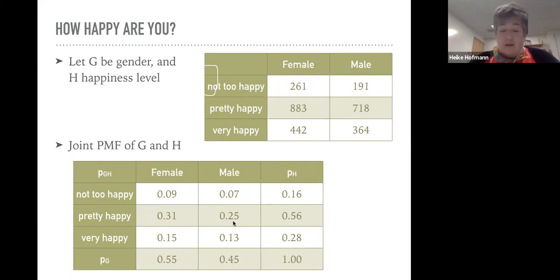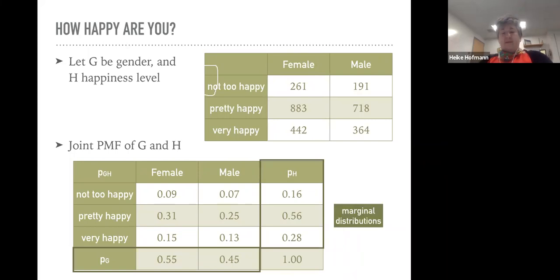So we've got a couple more numbers here on the outside, and these values on the outside are called the marginal distributions. And you can see exactly why they are called marginal distributions, because they are in the margins of the joint probability. And here the marginal distributions are nothing but the distributions of G and H by themselves.